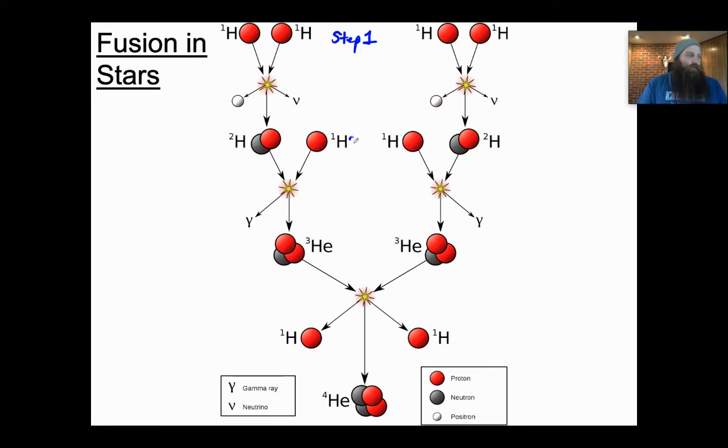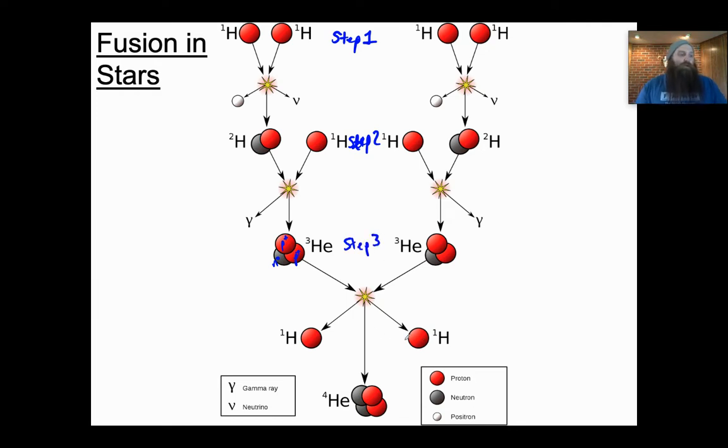It then is going to combine, step two, with another hydrogen atom. Another gamma ray is going to be released. We end up with helium-3. So I have proton, proton, and a neutron. And these two helium-3 in step 3 are going to combine.